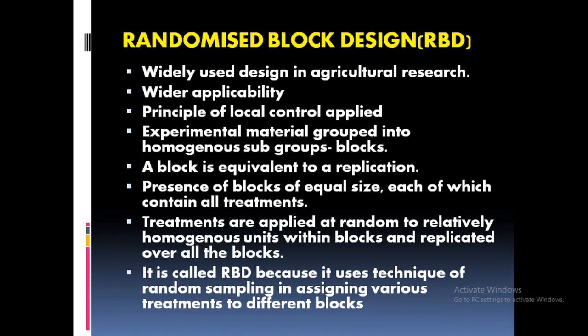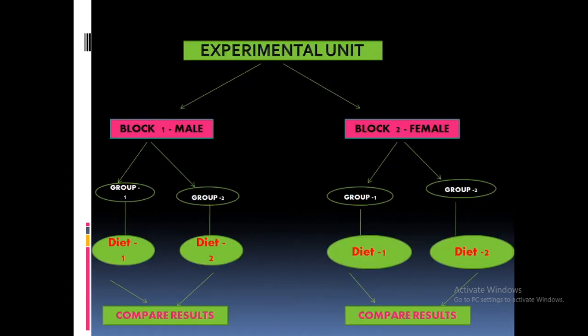Clear? Okay. It is called randomized block design because it uses the technique of random sampling in assigning the various treatments. So in the first part, it differs from the completely randomized design, and in the second part, it is similar to our first design. In the first part some differences will be there, and the second part is completely the same as the first design. Take the experimental unit, for example, our cattle.